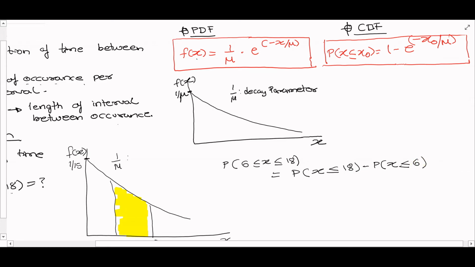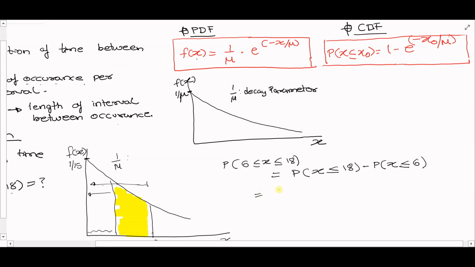So it's basically this minus that area. This area is capturing the probability that the loading time will be 6 minutes or less, and this area is capturing the probability that the loading time will be 18 or less. The difference between them is the probability that it takes between 6 and 18 minutes.